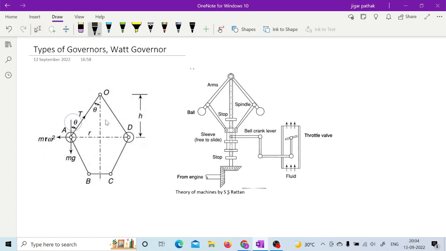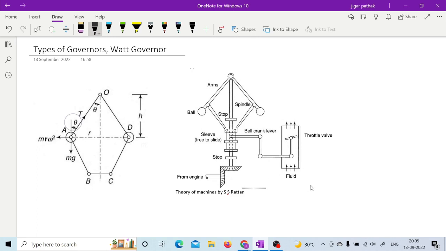Similarly, governor is also doing the same, but it is actually regulating the speed, right, by increasing or decreasing the supply of fuel, right? It is going to do so by regulating the fuel supply.